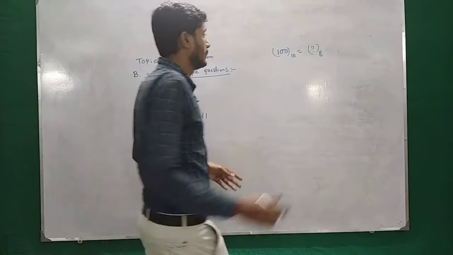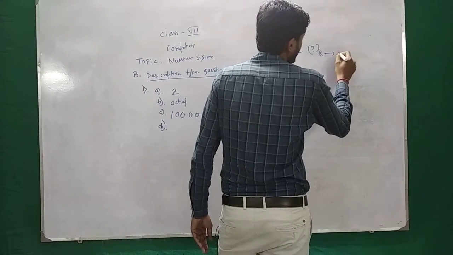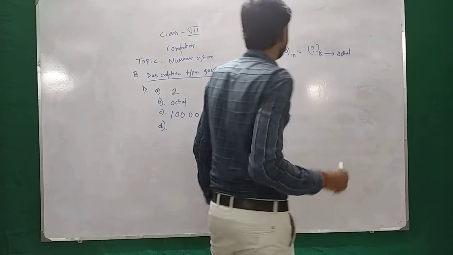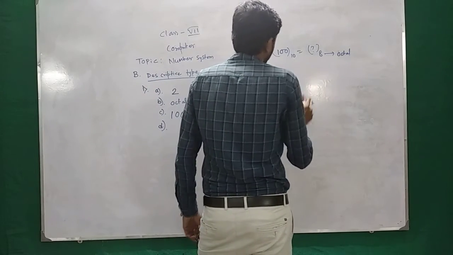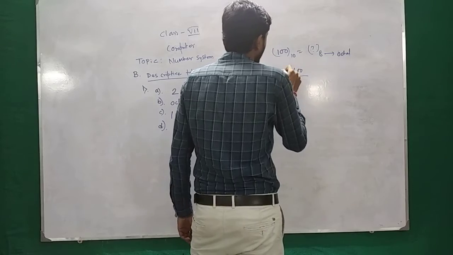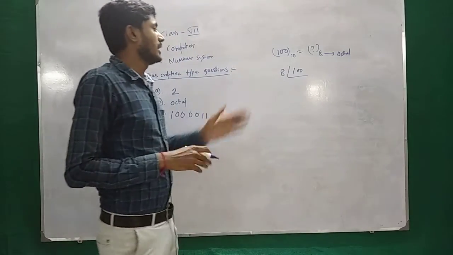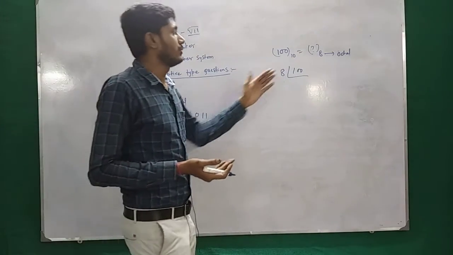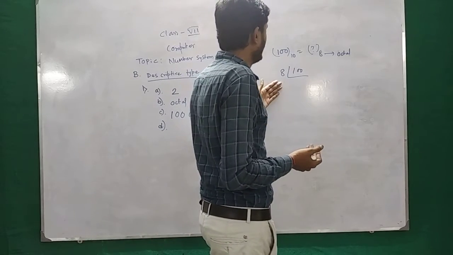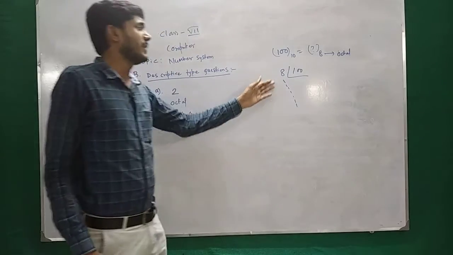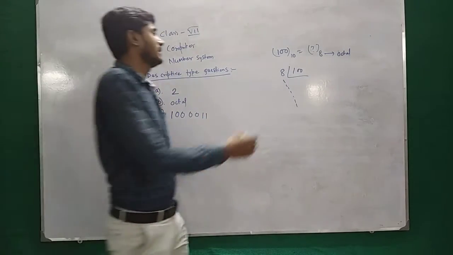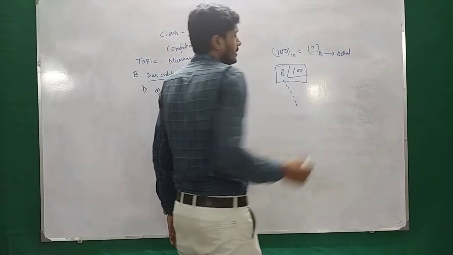We know that the base or radix of the octal number system is 8. So now we will convert the number 100 into its equivalent octal form. We will divide by the base 8, and after dividing we will get the answer.